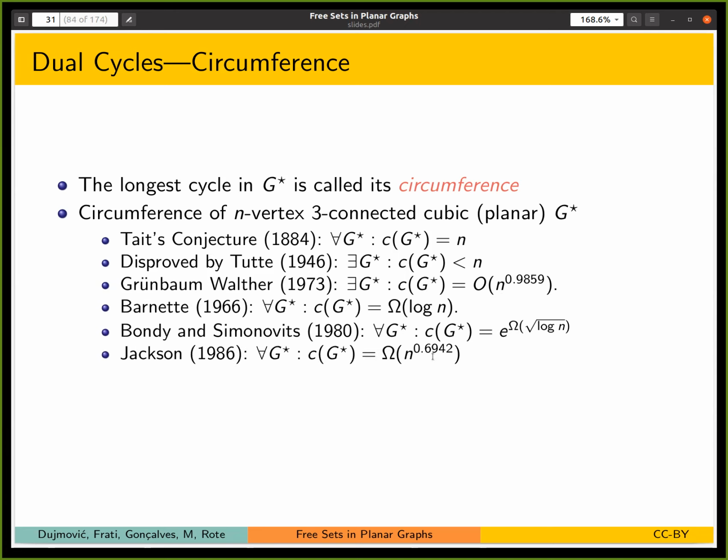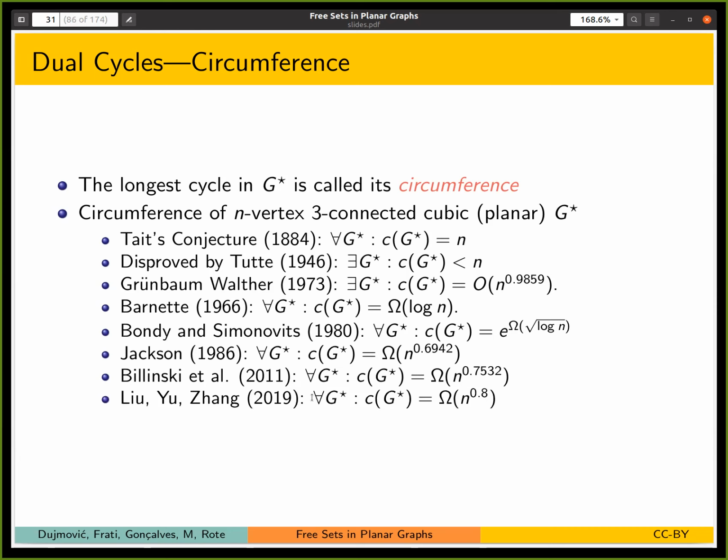Jackson gave a very strong result that you can do polynomial, and even better than root n, so n to the 0.69. That moved up to n to the 0.75. And the record, the last time I checked, is n to the 0.8.